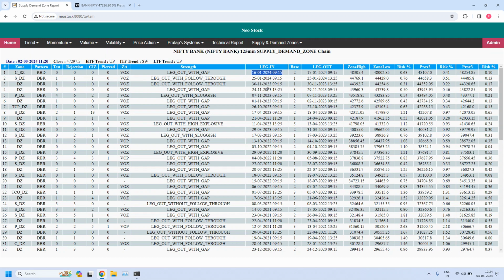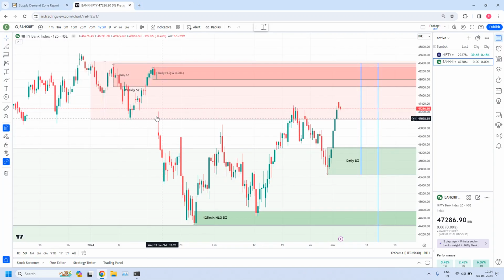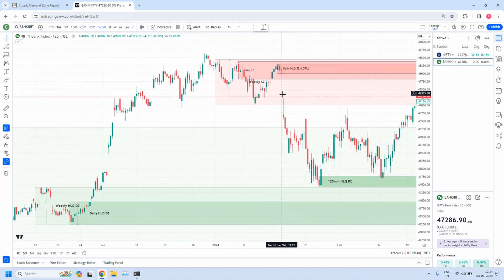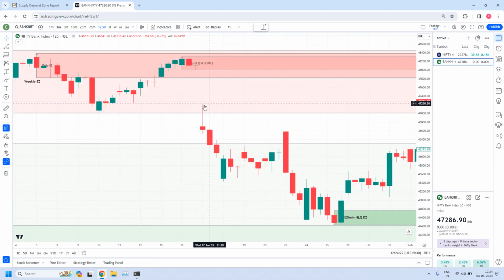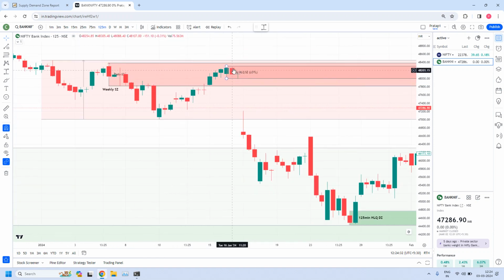So this is the one, 16 January 9:15, and these two are the base candles. That means almost the entire zone is also acting as the same entire zone, the daily high liquidity zone.